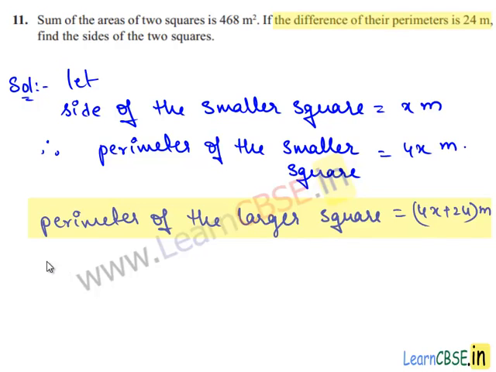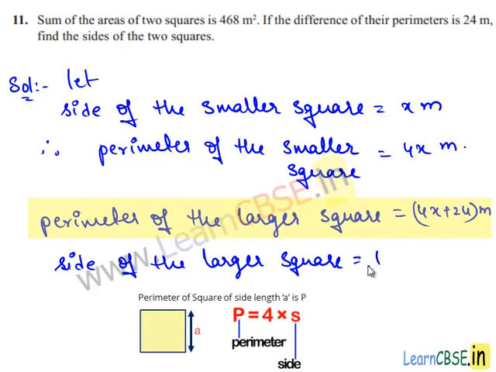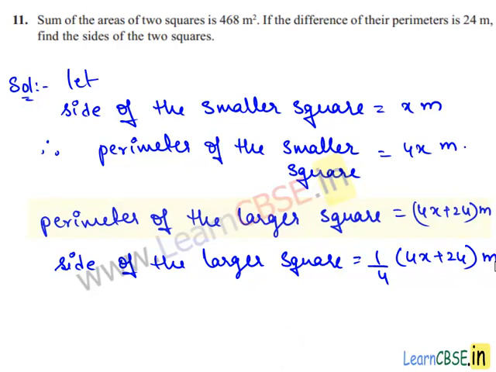So from this we can obtain the side of the larger square, that is 1/4 of the perimeter, that is 1/4 of 4x plus 24 meters.